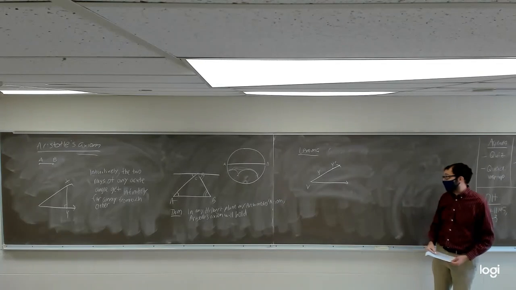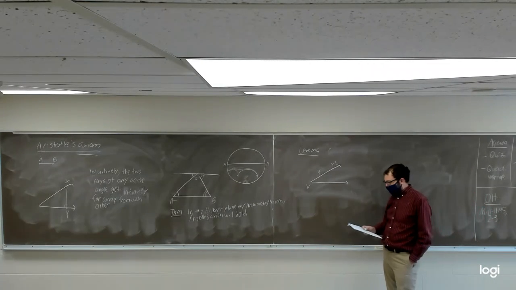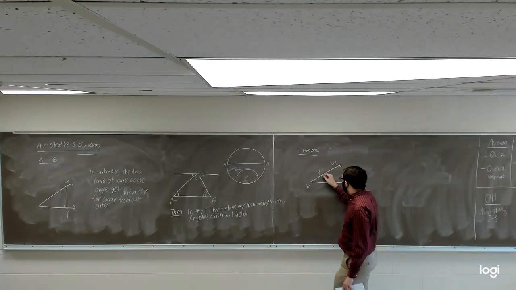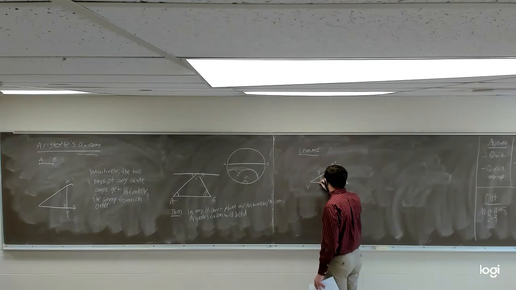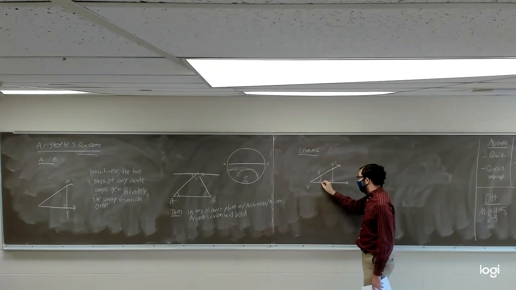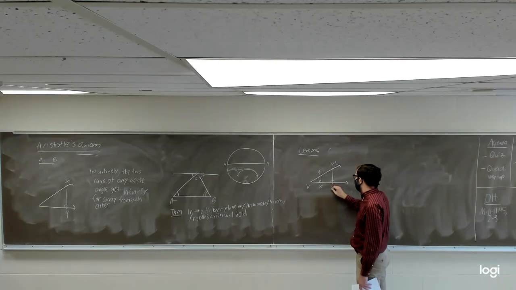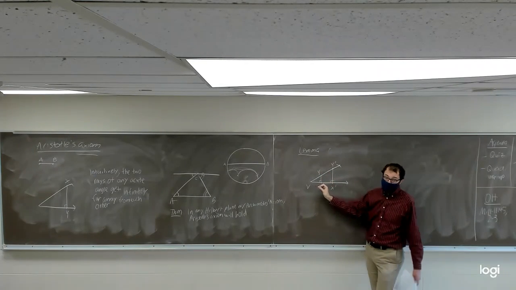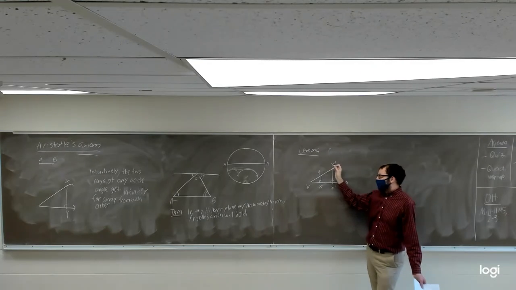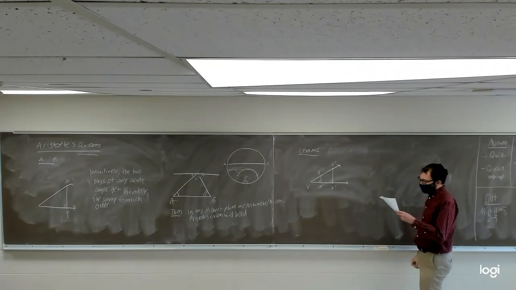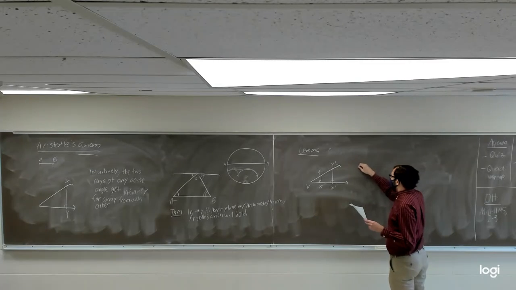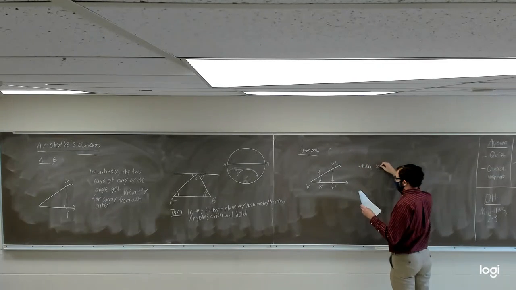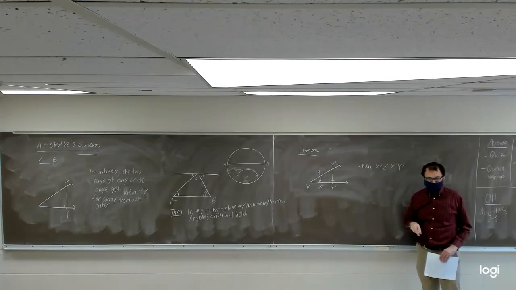And then if we drop lines from y to the second ray and y prime to the second ray that intersect them perpendicularly like this, so we drop a line from y to the second ray perpendicularly at a point x, and do the same thing for y prime to get a new point x prime, then xy has to be less than x prime y prime.